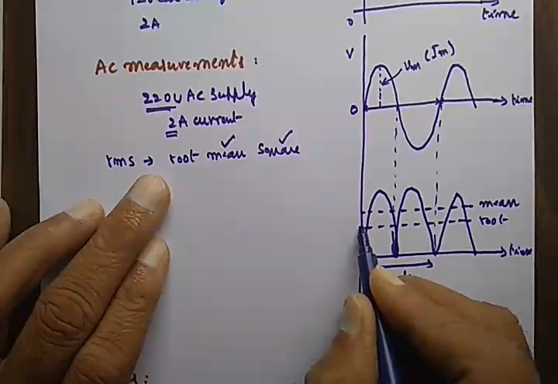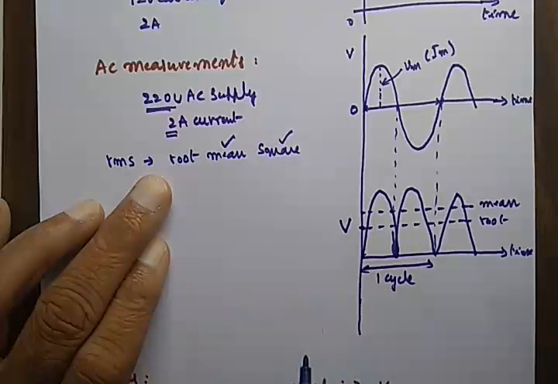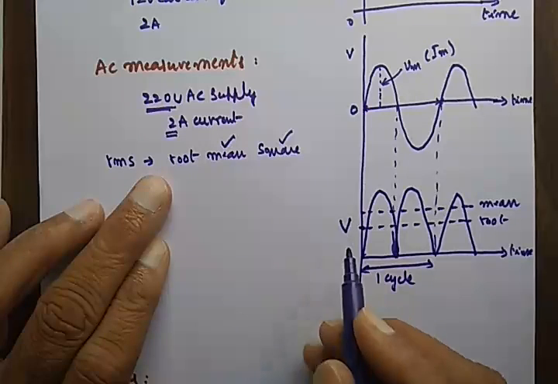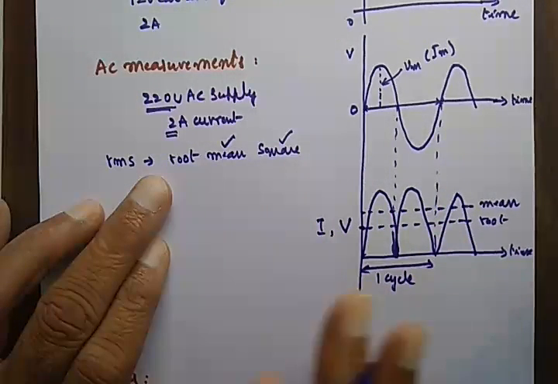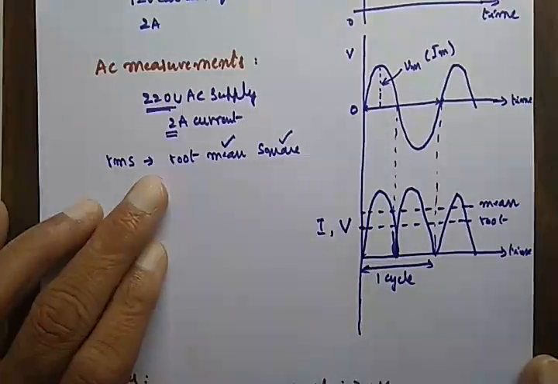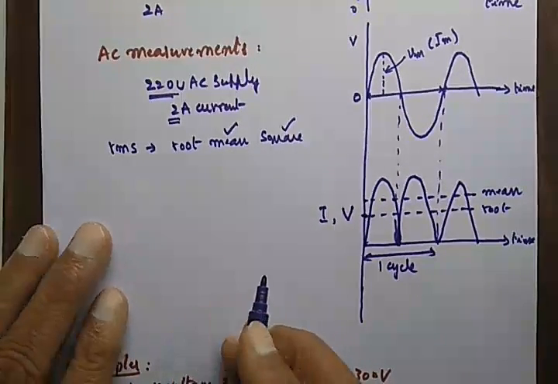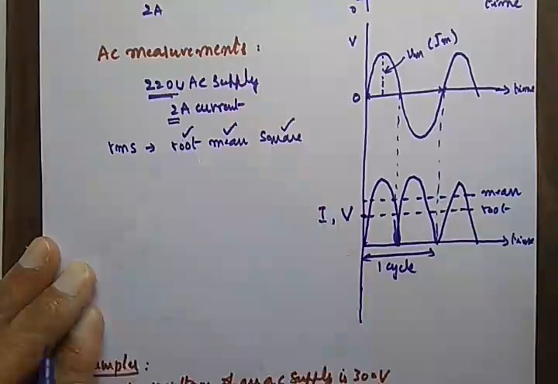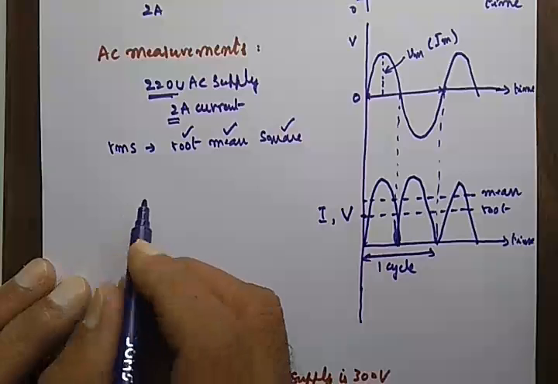This value we will mention as V RMS, with a capital letter. If it is current, it is I. Both are the same. In AC, current and voltage are both oscillating. So root also we have done. This is how we calculate the RMS value.